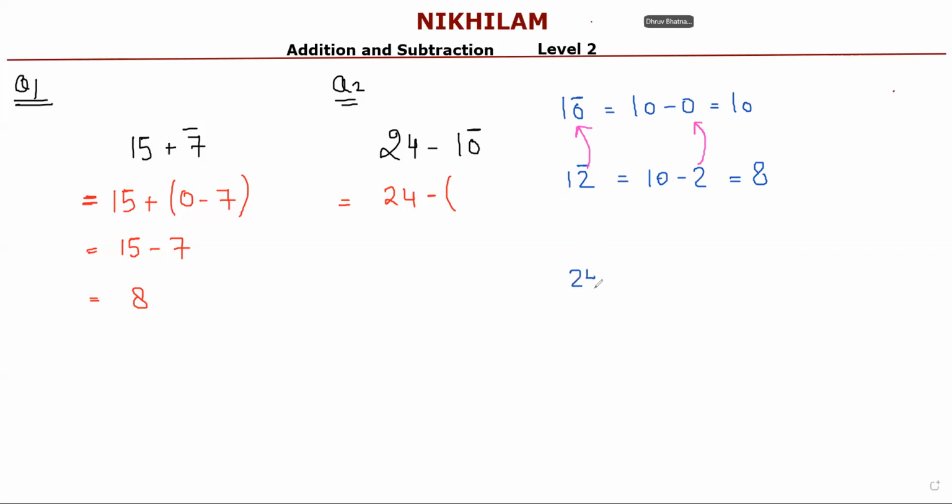For example, if you have 245 bar, how do you write this? 240 minus 5, 235. In the same manner, I have done this 10 bar. So let's get back to the question. This is 10 minus 0. So our answer is 24 minus 10, that is 14. I hope this is fundamentally clear. Let's take more questions. Don't worry.